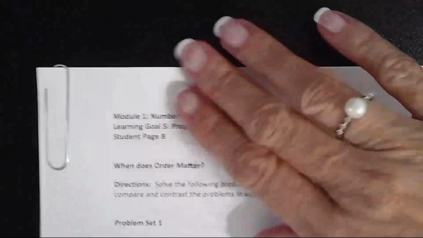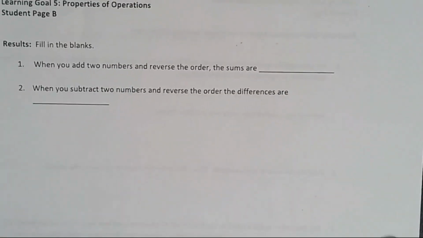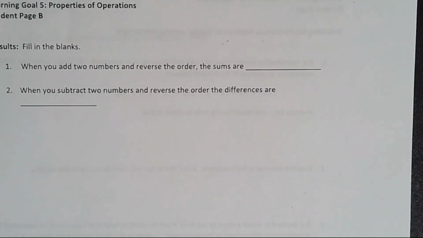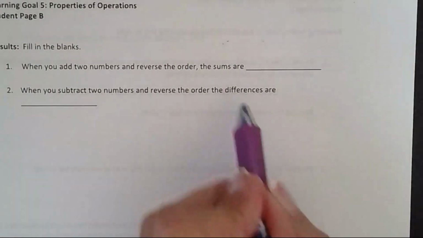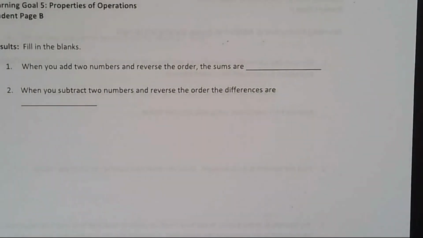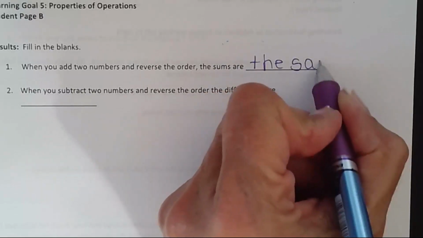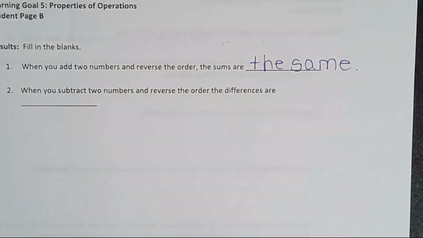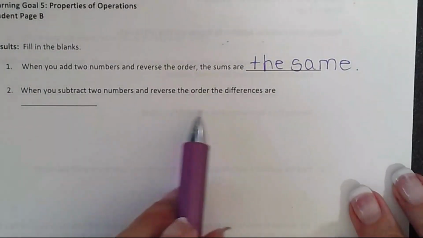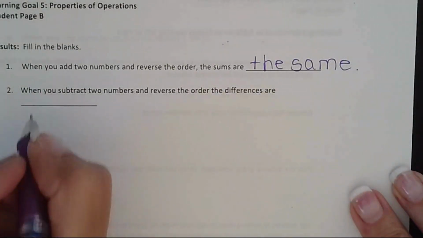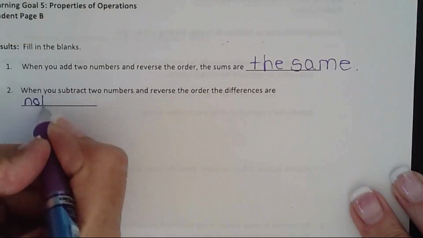Okay, next page. So fill in the blanks. When you add two numbers and reverse the order, we saw that the answers are, sum, remember, is the answer to an addition problem. The sums are the same. On the last page, we got $12 for both of them. 5 plus 7, 7 plus 5. But we found when you subtract two numbers and reverse the order, the differences are not the same.